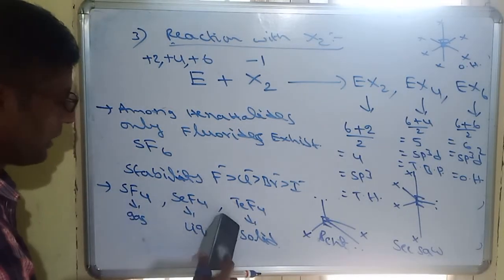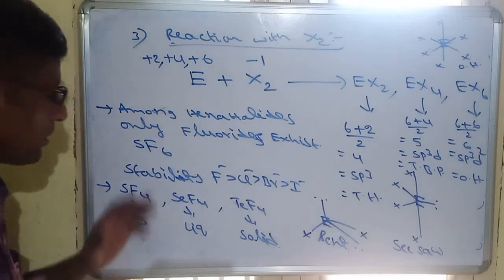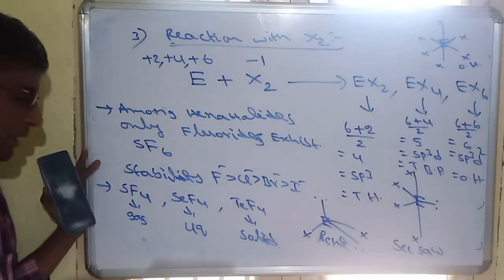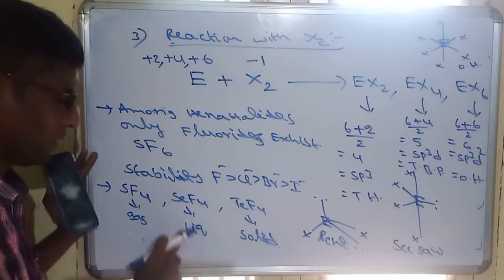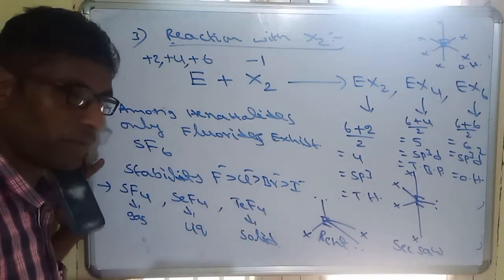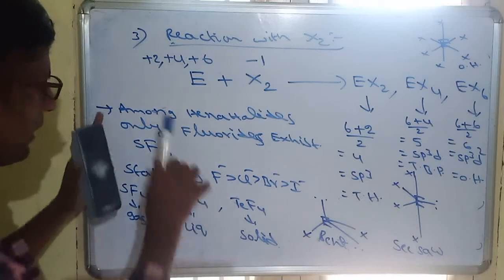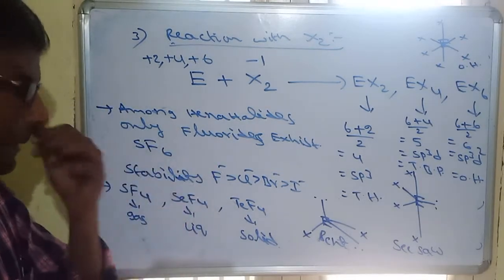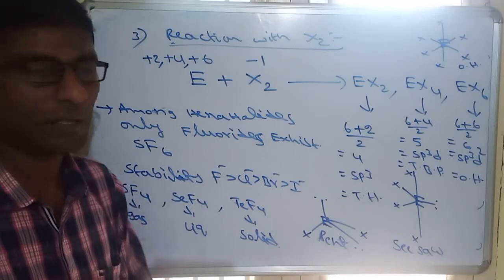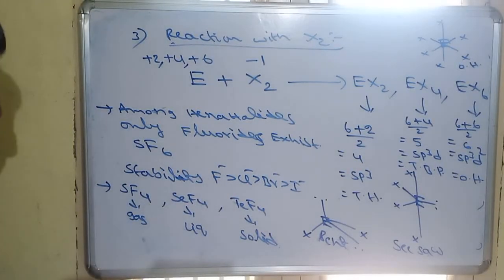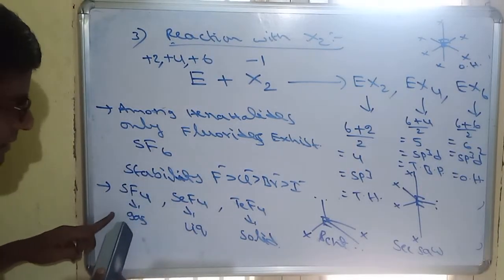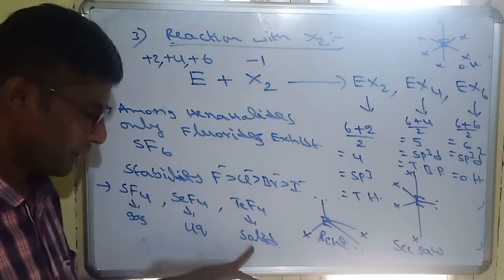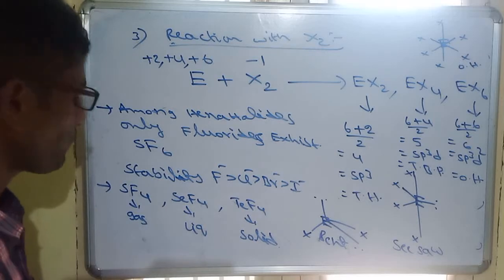So this is tetrahalides, and among hexahalides only fluorides exist. But in tetrahalides, chlorides and bromides also can exist, like SCl4, SeCl4, TeCl4. So chlorides also can exist, but in hexahalides mostly only fluorides exist, due to repulsions.